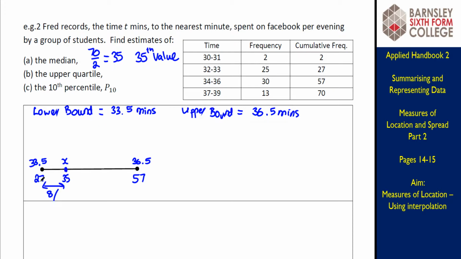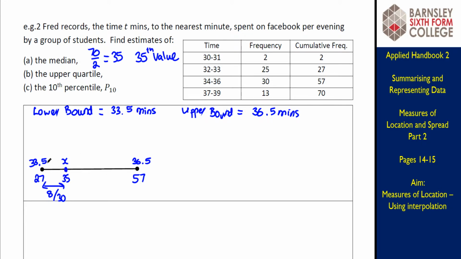The whole width of this line is going to be 30, so you've travelled 8/30ths of the way into the line. Just imagine if you were looking for the exact halfway point between 27 and 57, you'd find halfway between 33.5 and 36.5. But it's not quite that, we want it close to 33.5.